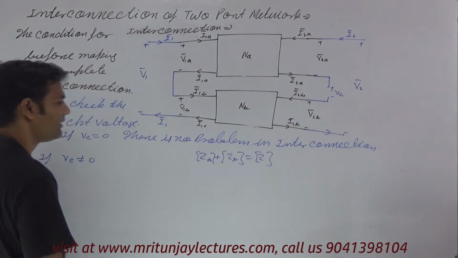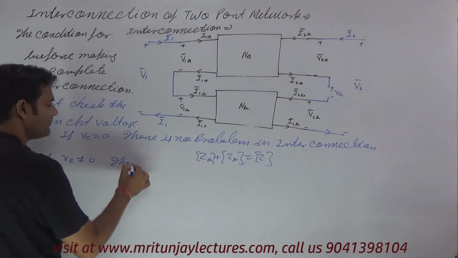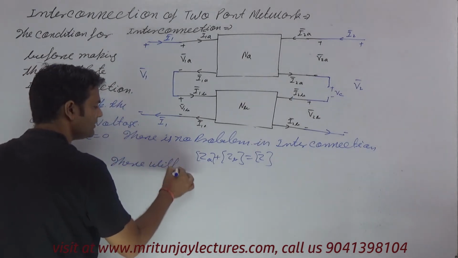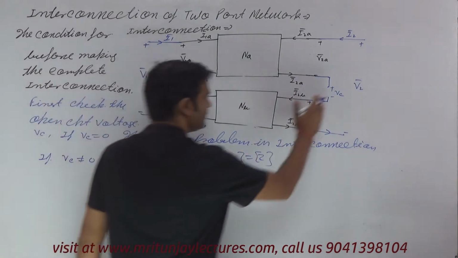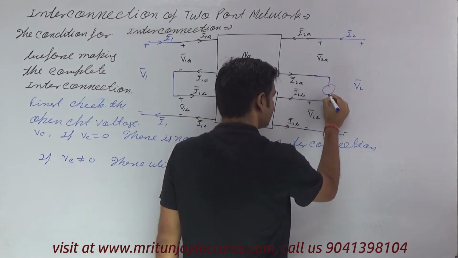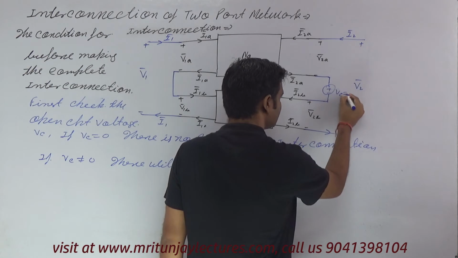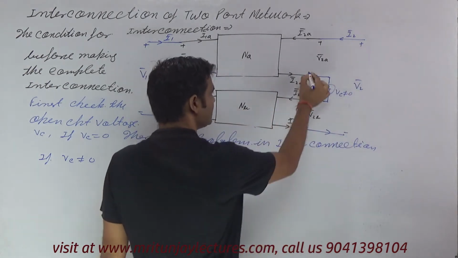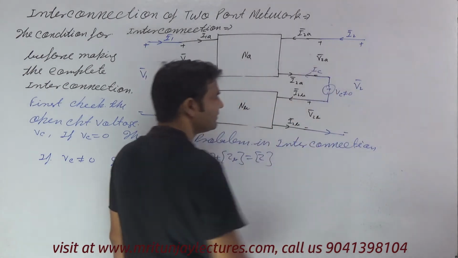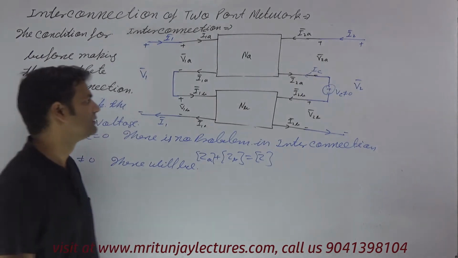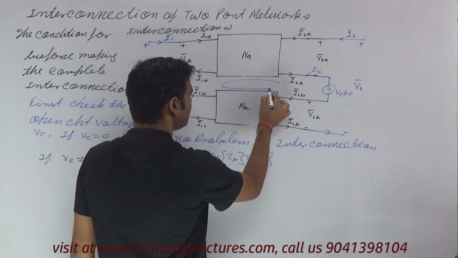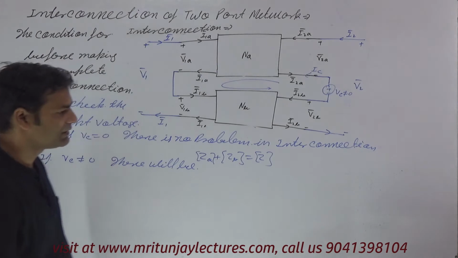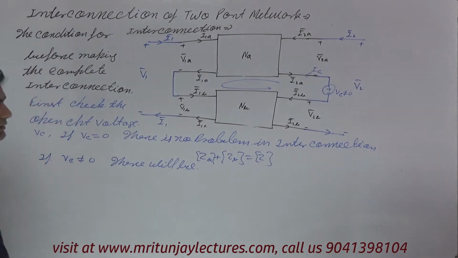if Vc is not 0, there will be some current corresponding to this, which you can call the circulating current.